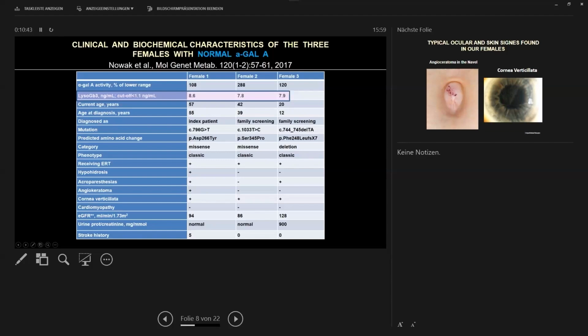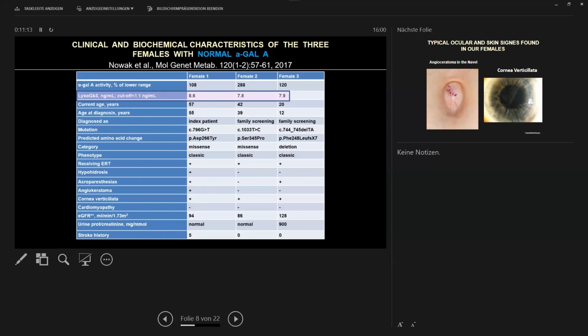They have specific signs and symptoms of Fabry disease with a cloudy cornea, and one of the females has angiokeratoma and 2 suffer from acroparesthesias, from burning pains, so that you see they have really Fabry disease, but they have a normal enzyme activity in the leukocytes, but the Lyso-GB3 levels are increased.